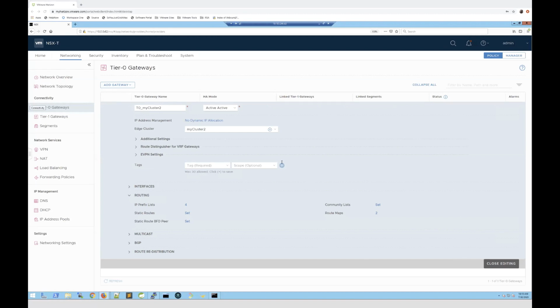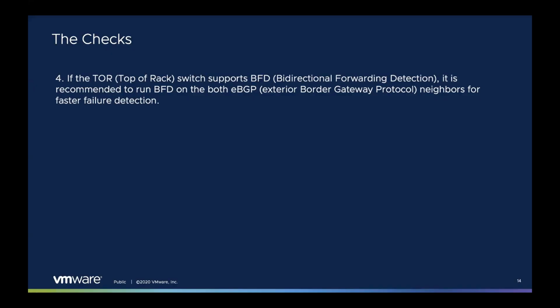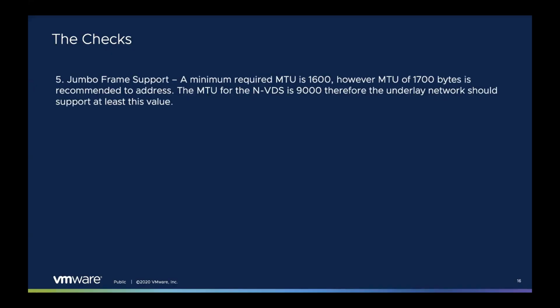So moving on to the next check. This is about jumbo frames. To start, a minimum MTU of 1,600 is required.